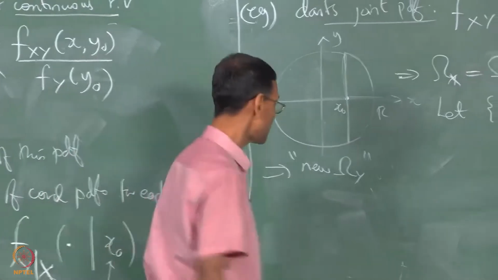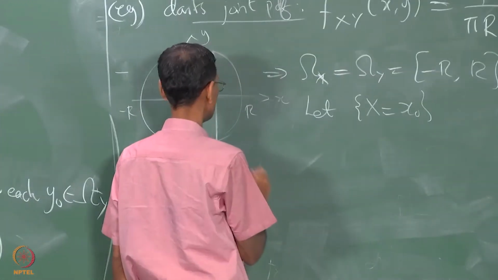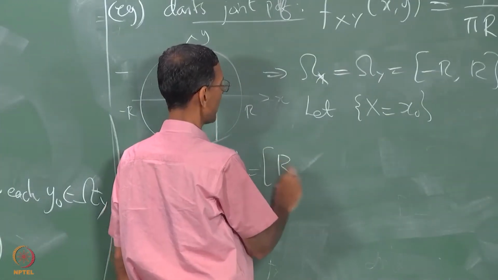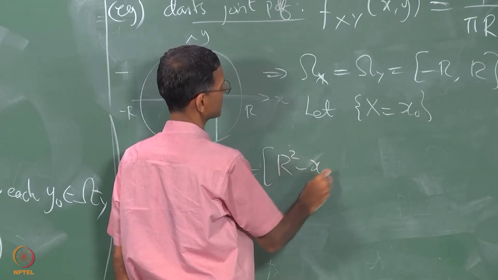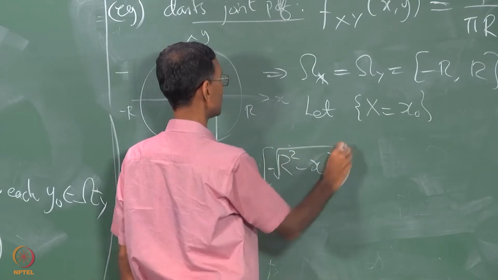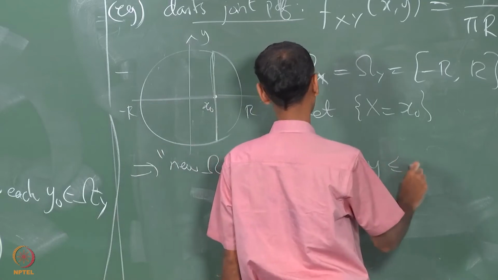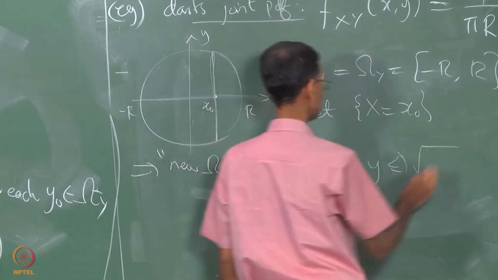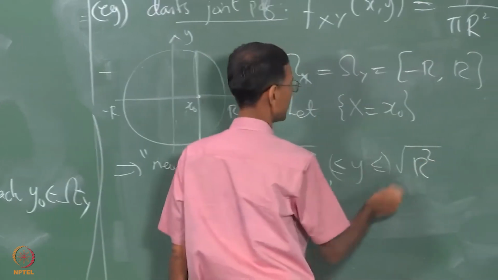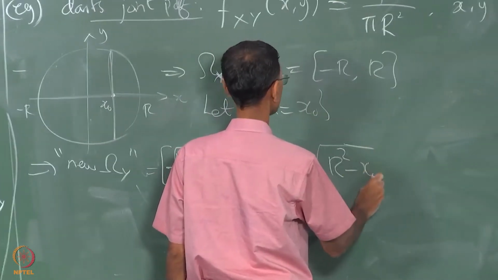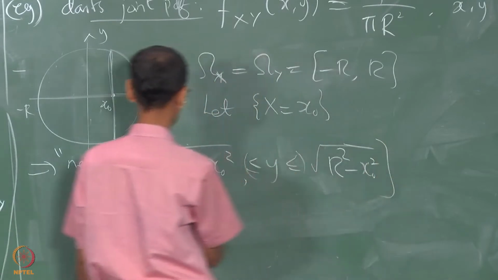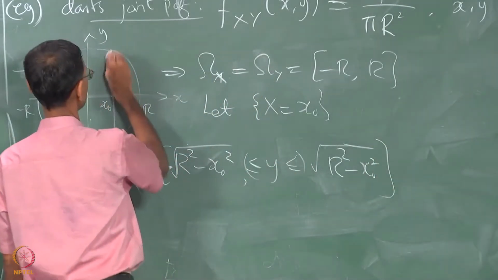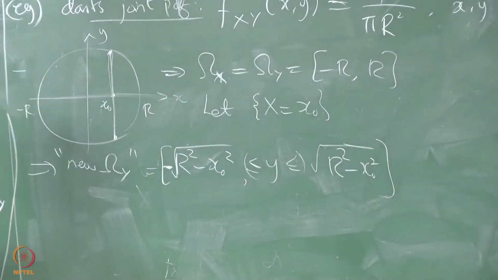So this is going to be the range minus root of r squared minus x naught squared to plus root of r squared minus x naught squared. Or I can write it as a closed interval.